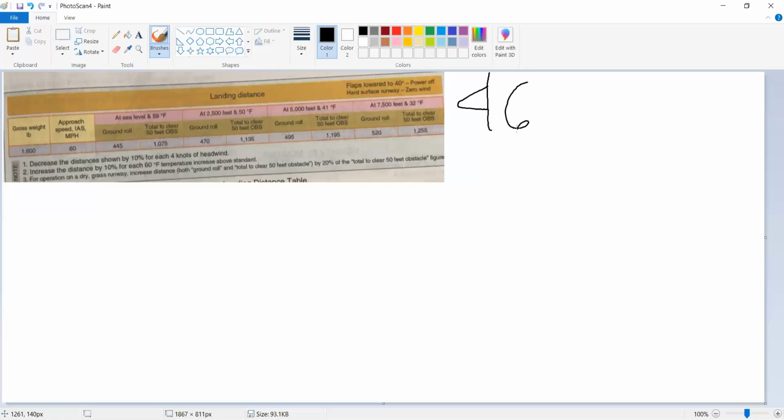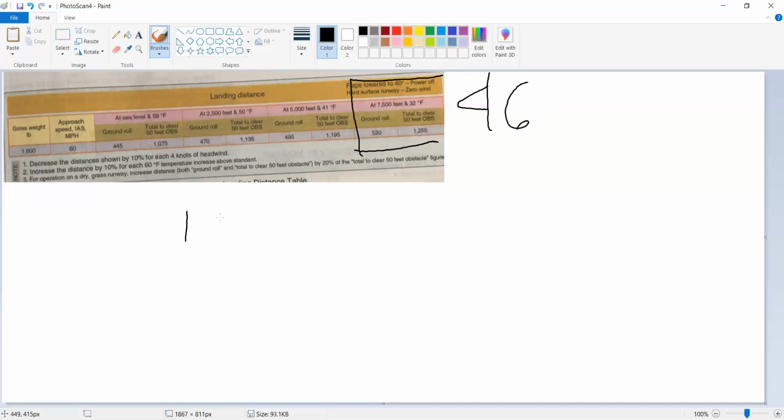So let's see, under normal conditions, the total landing distance to clear a 50-foot obstacle is 1,255, right? Because we are talking about that. And 750, yes, all those numbers belong in this box. Great.